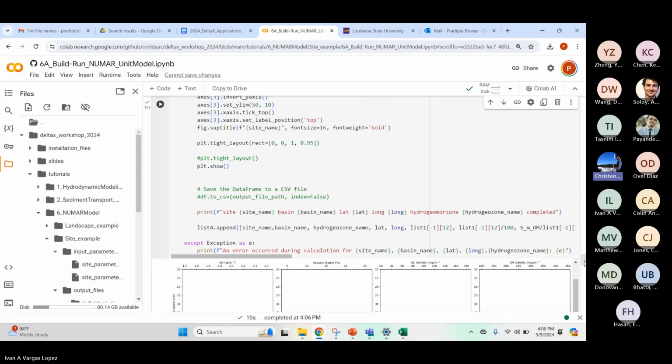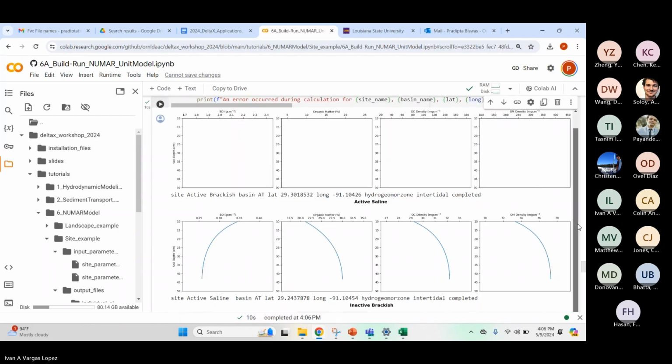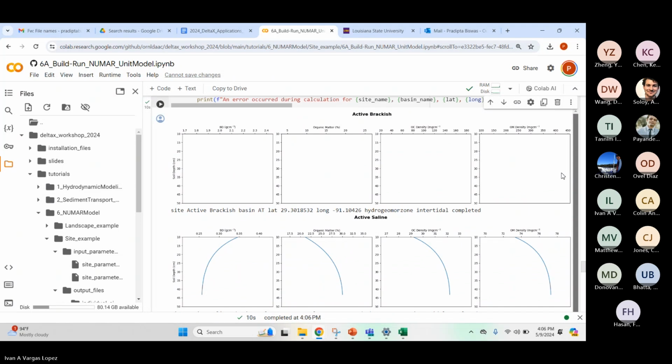I changed only active brackish. So it couldn't fit inside the defined axis. That's okay, but still you can download from the output files to see what happened here.